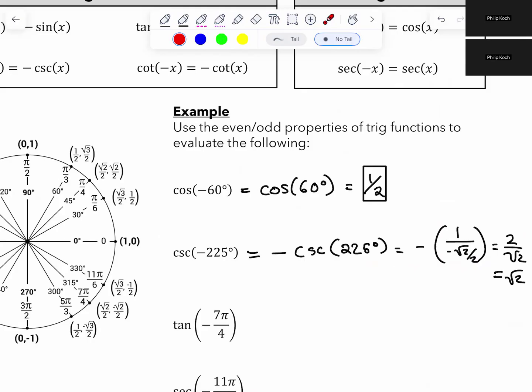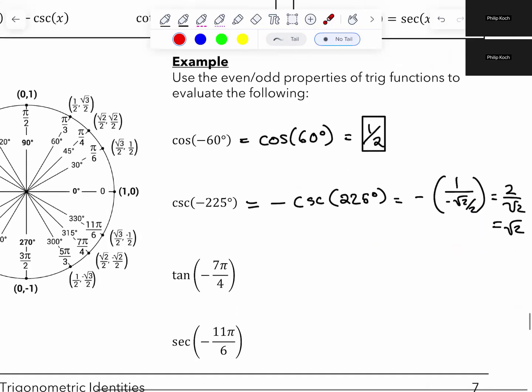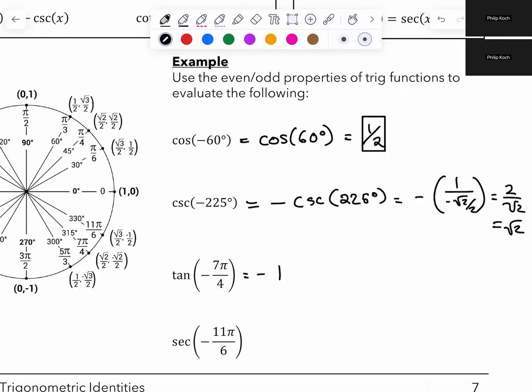Tangent of negative 7 pi over 4. Tangent is an odd function, as you see up above, but you can memorize it if you get there. So this will equal negative tangent of 7 pi over 4. 7 pi over 4 is 1 less than 2 pi.